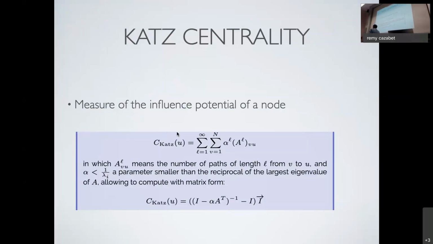So for instance, if this node wants to diffuse an idea, how many other nodes it can influence with this idea. Okay, that's why it was introduced. Well, after that we can discuss exactly what it means.